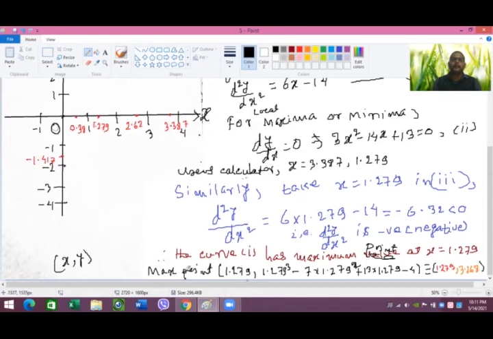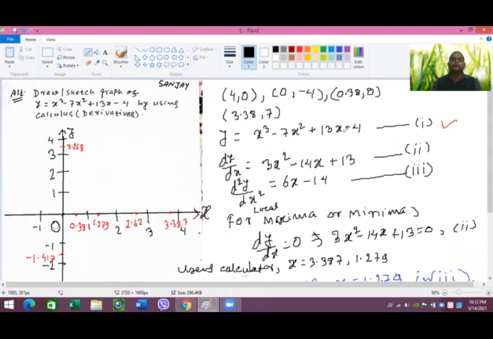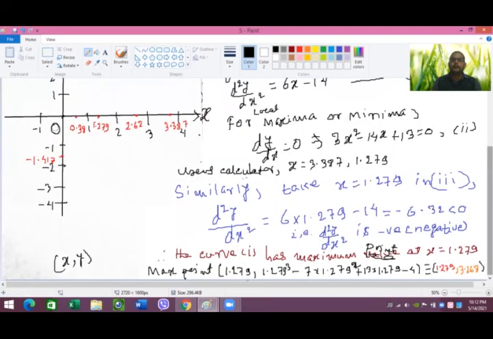In order to find the maximum point, the x coordinate is already here, 1.279. Now put x equals 1.279 in equation 1, and then use a calculator or otherwise calculate it, and then you will have the value of y.